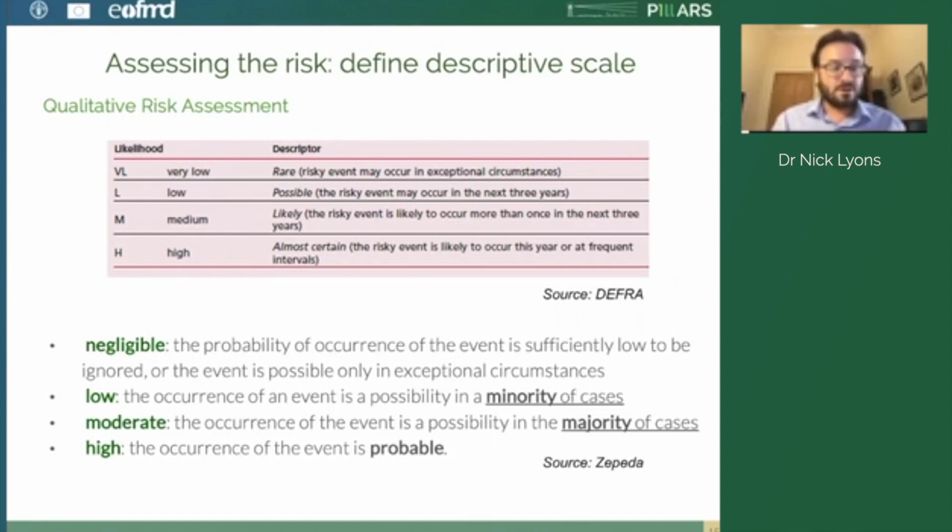For example, in this framework, a high probability or likelihood can be described as almost certain. Another example, negligible: in this framework the probability is sufficiently low to be ignored. So these are the ways that you can use words to describe these different risks in a qualitative risk assessment.